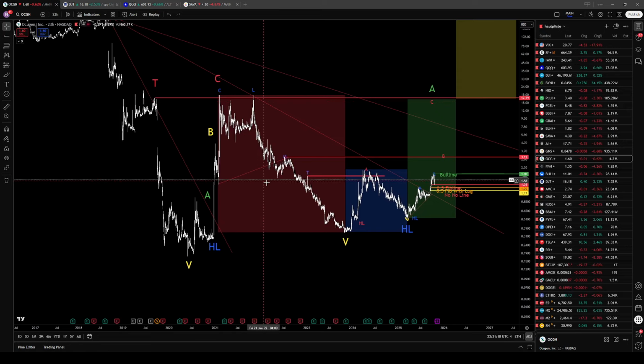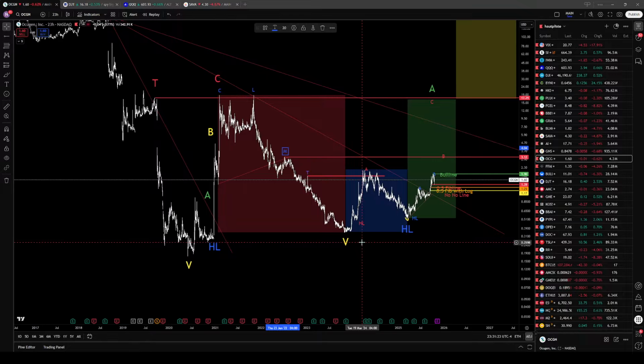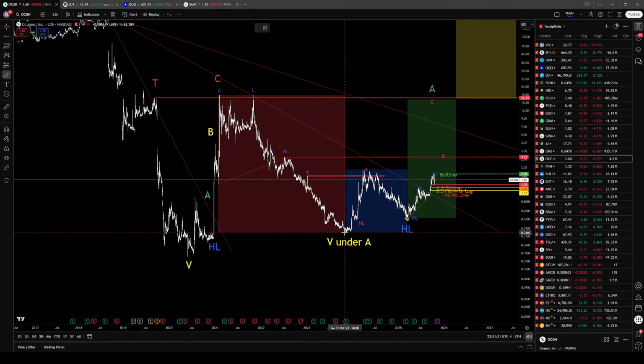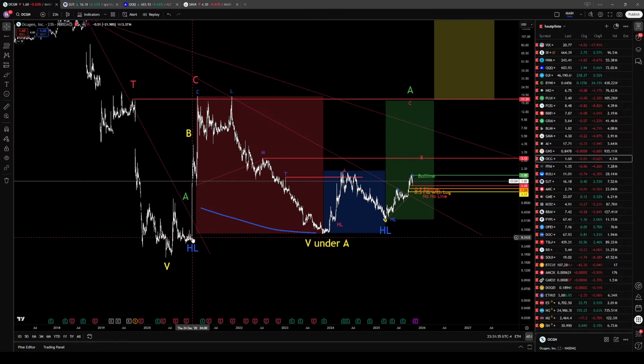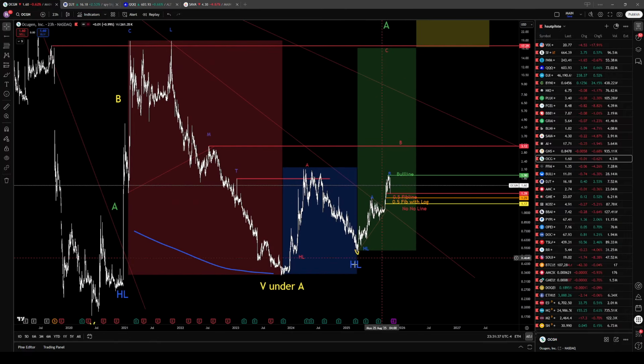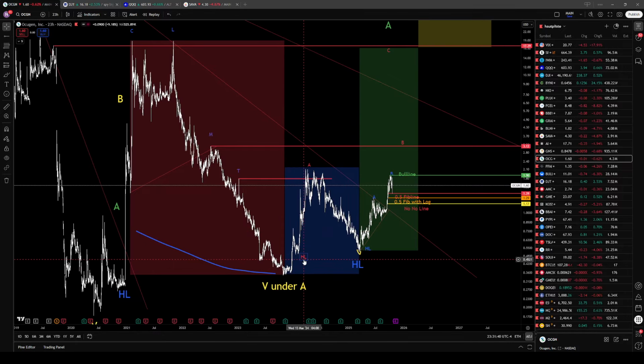You make your lower high, midpoint, last time to sell, V. This is V and A. Perfect to this A, wherever it is in this candle. Then you do your high, low.